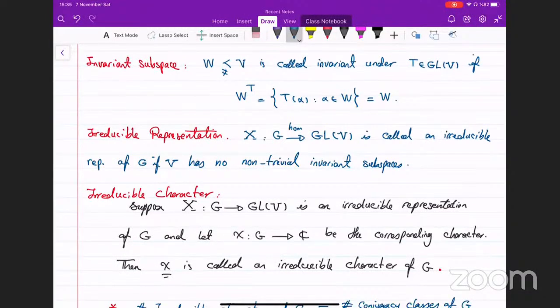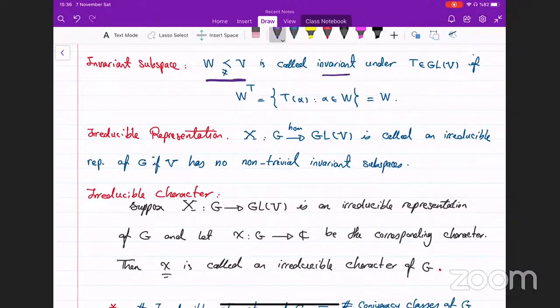Okay, now here we will start working with irreducible characters and irreducible representations. But what do I mean by irreducible representation? Here I try to give the definition of irreducible representation according to invariant subspaces, something with respect to linear algebra. So suppose you have a vector space like V and a subspace of this one, which is a proper subspace.